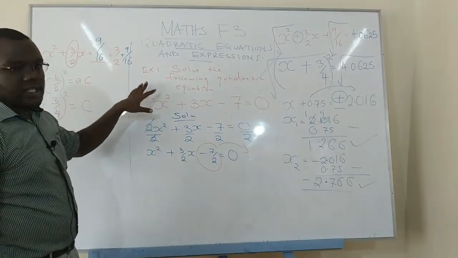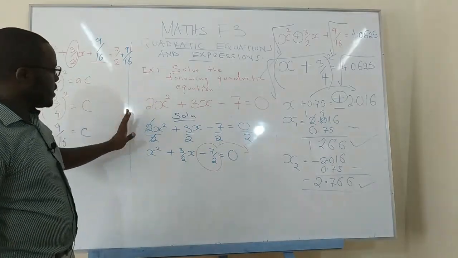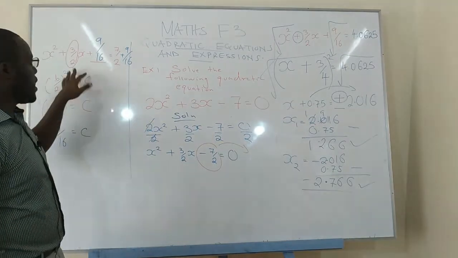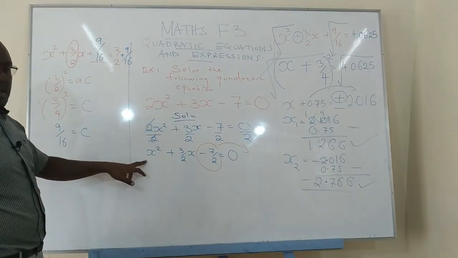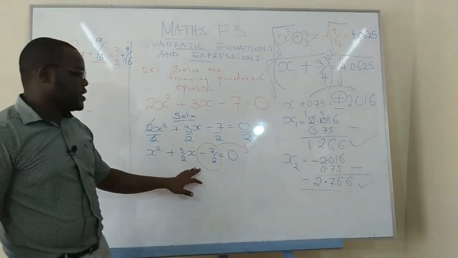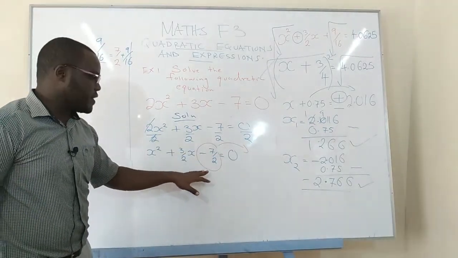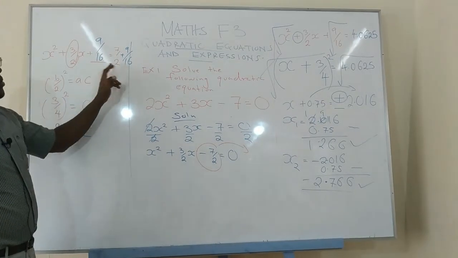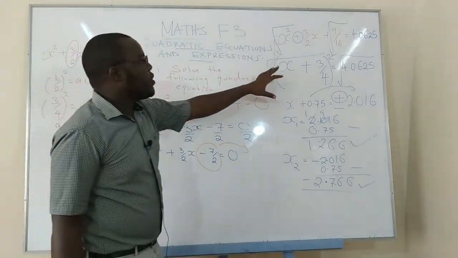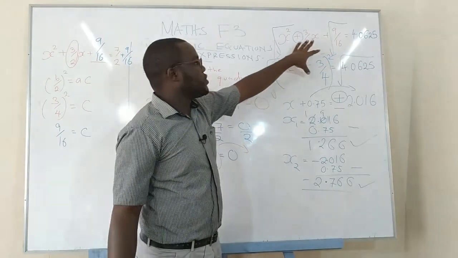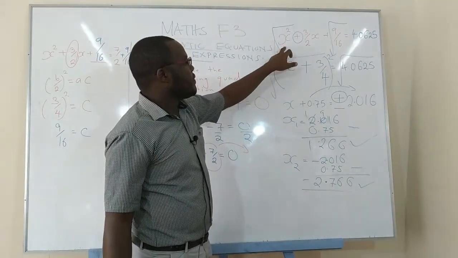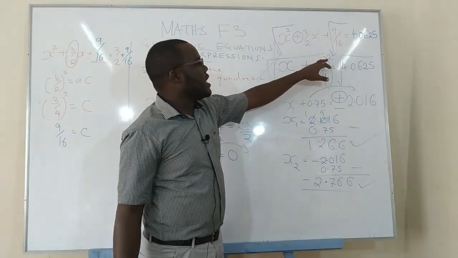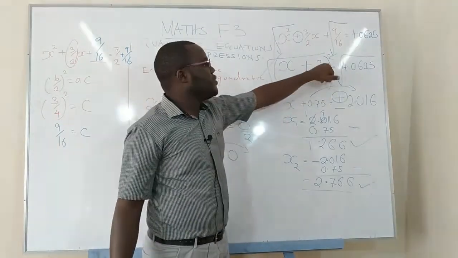Now, I can do a summary as I wind up. This method is very easy, because number one, we divide by this value of a, so that you can make it become 1. When it is 1, it is easier. From there, eliminate the c. You don't have a c now. From there, create your own c, add it on both sides, and then we can factorize using that shortcut that we learned, where you square root the first number, x, square root the last number, 3 over 4, and put it in a bracket, then you write it as a square.